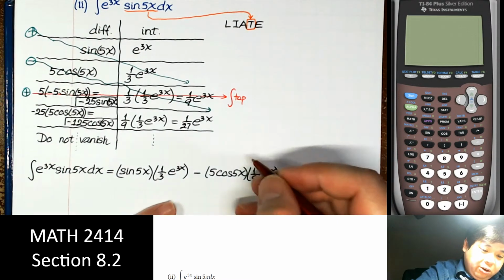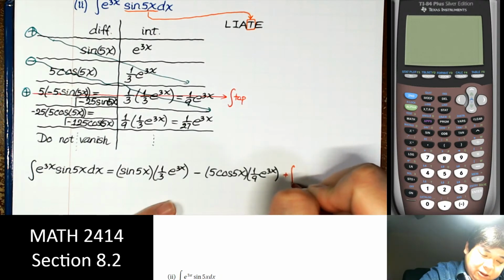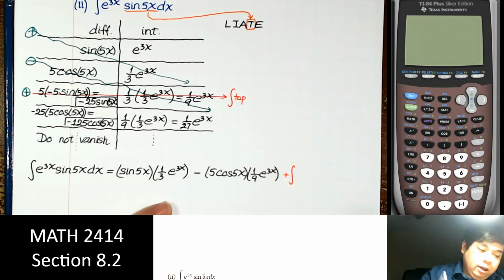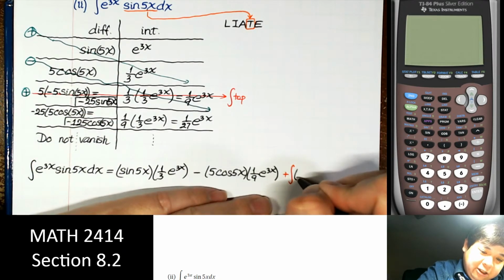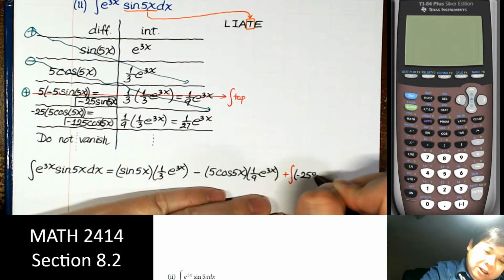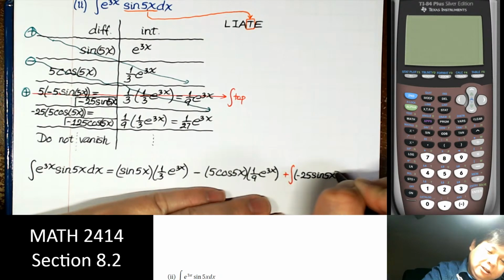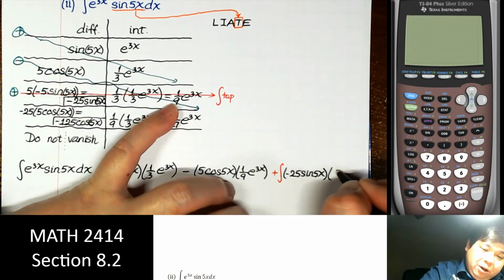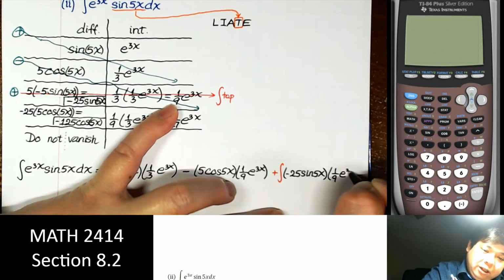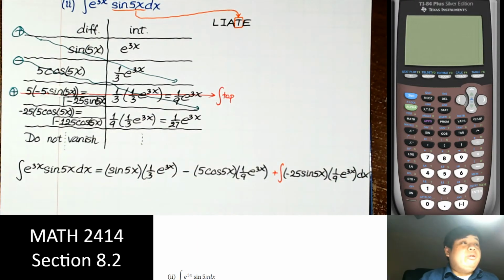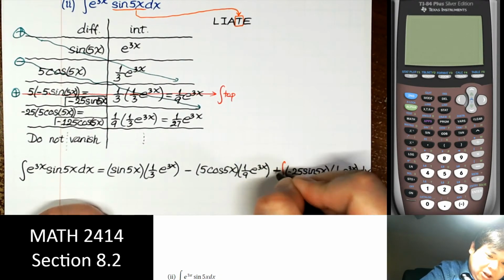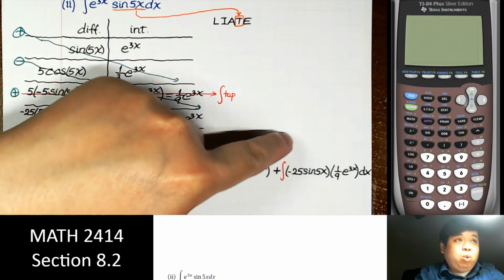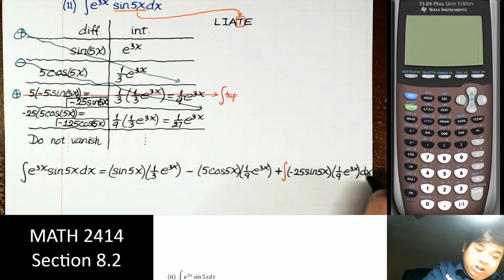So we will have an integral of negative 25 sine of 5x, and then 1 over 9 e to the 3x dx. So that is the difference. When we stop, we use the horizontal, but with the integral. And of course the integral goes with dx, so that's what we have.